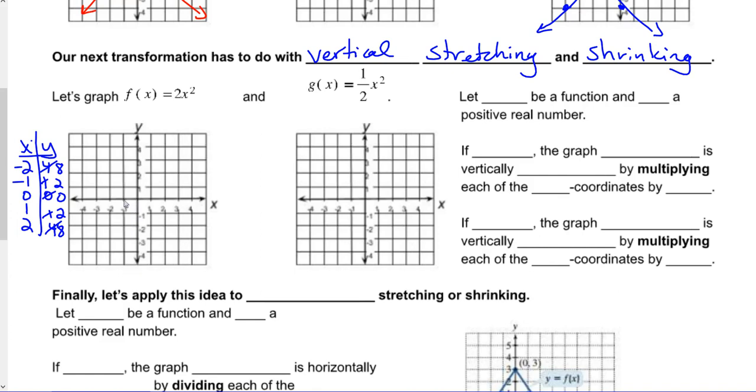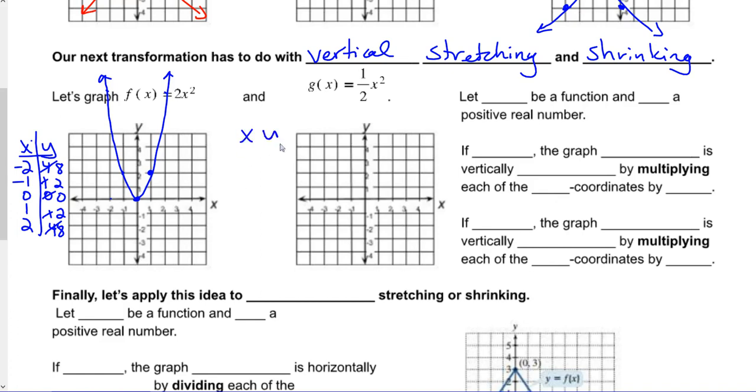So you can now go (-2, 8), which would be up here, (-1, 2), (0, 0) is the same, (1, 2) would be here, and (2, 8) would be up here somewhere. And what I've now done is basically squashed that parabola in, I've vertically stretched it, and so that gives me a more narrow graph.